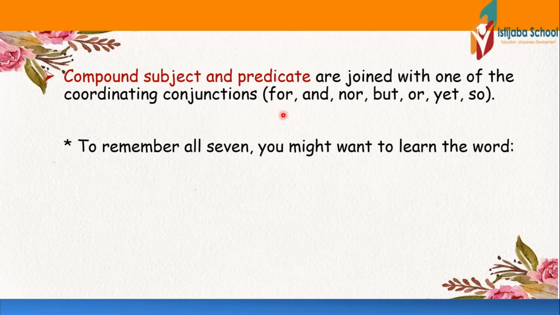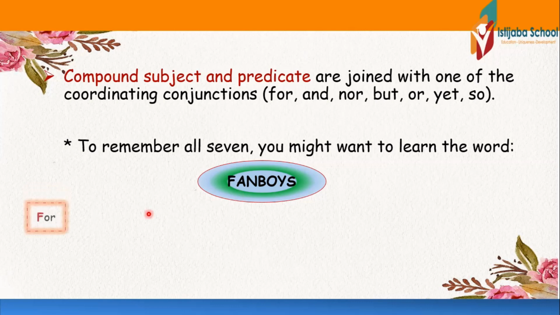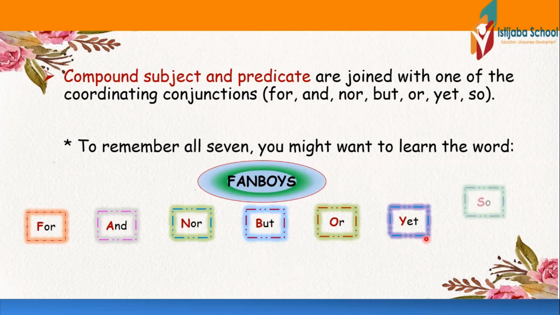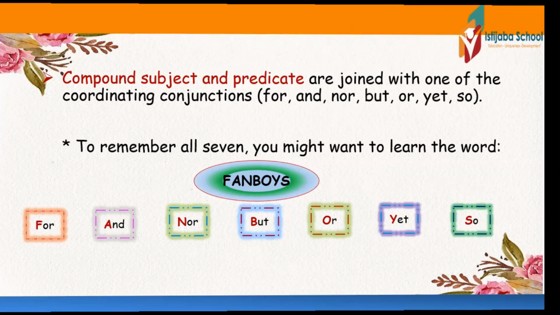In order to remember all of the 7 conjunctions, we might think of the word fanboys. Fanboys stands for the conjunction for, and, nor, but, or, yet, and so.